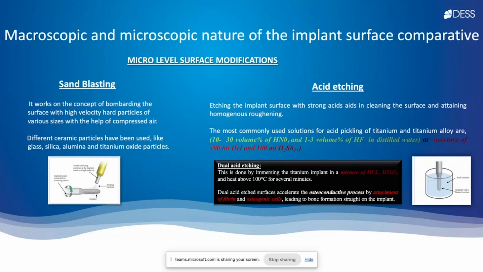This macro and micro roughness prepares your surface so that it allows the cells to be attracted, and it will achieve what I said before, contact osteogenesis, which means faster bone healing.